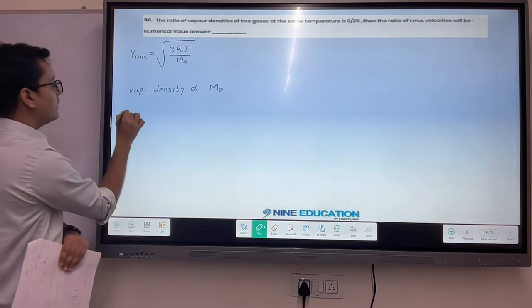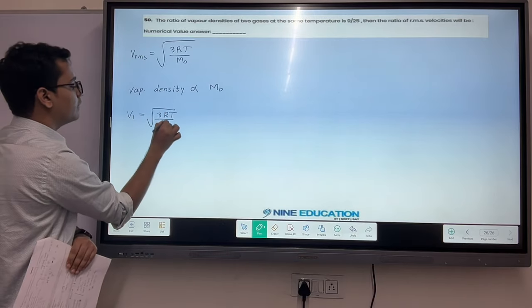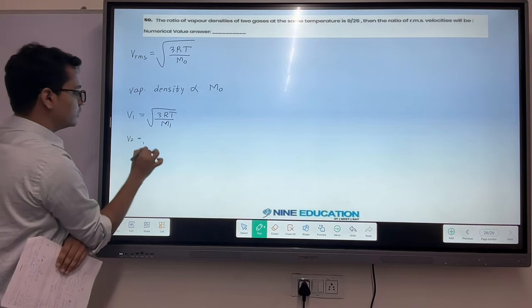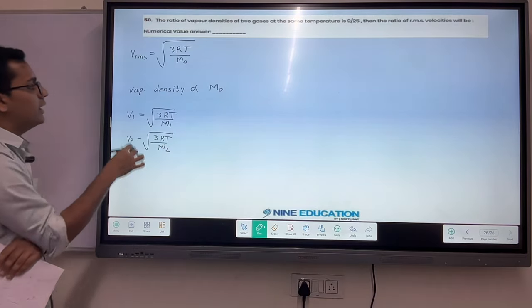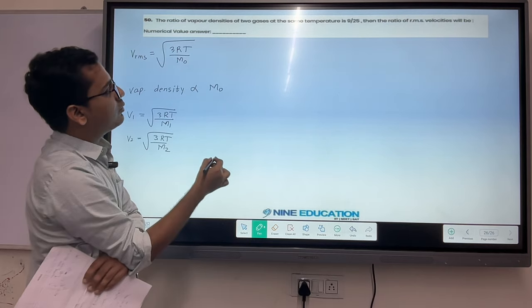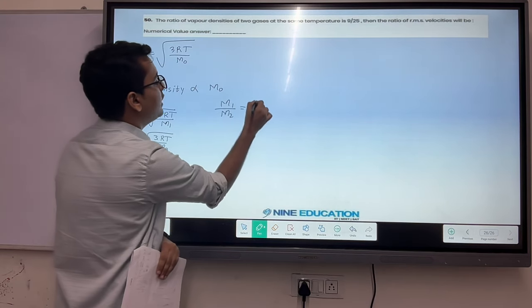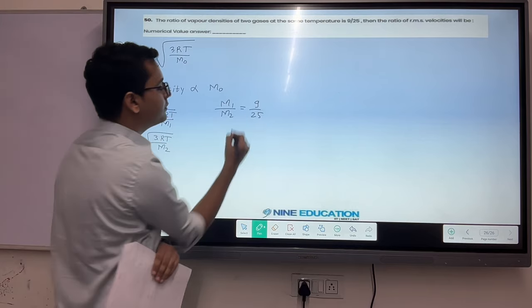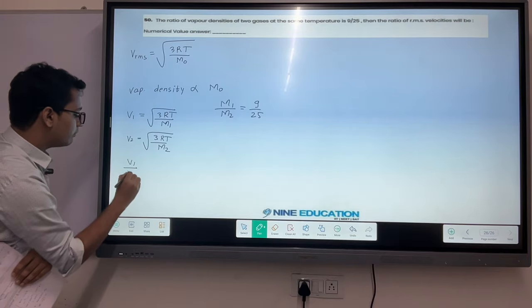Okay, so I will write V1 is equal to square root of 3RT by M1 and V2 equal to square root of 3RT by M2. As the vapor densities are directly proportional to molecular weight, I can clearly write M1 by M2 is basically 9 by 25. Simple. What is V1 by V2 then?